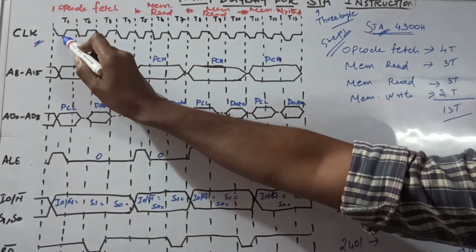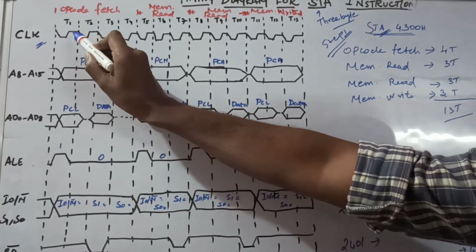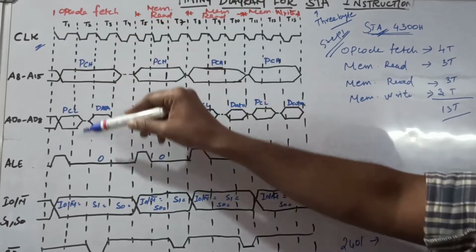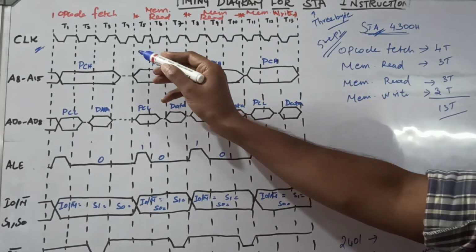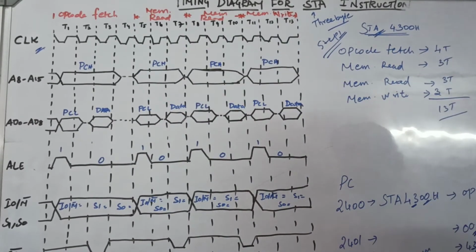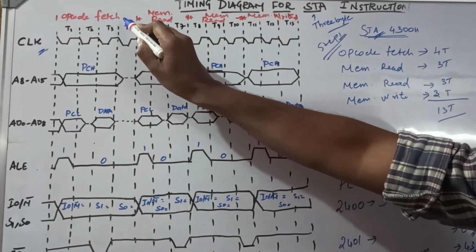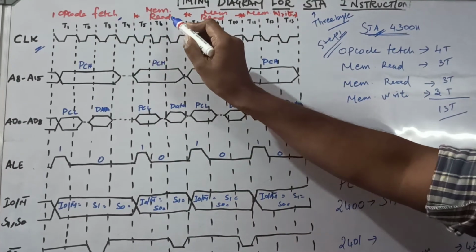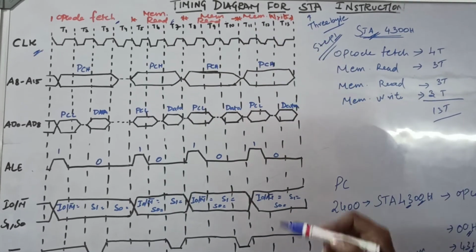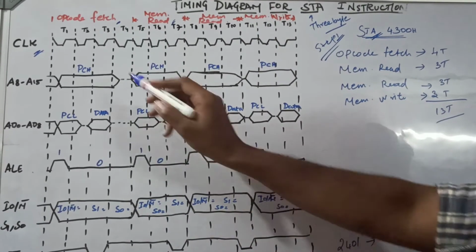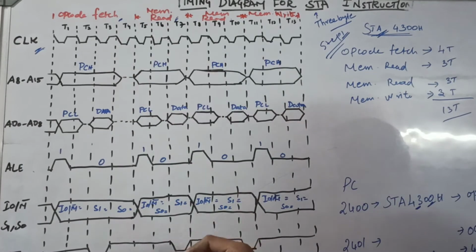Here you are using 13 T-states. The first 4 T-states represent the opcode fetch, then memory read, and the final one is the memory write function. T1 to T4 represent the opcode fetch.